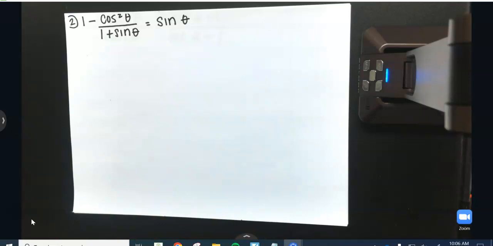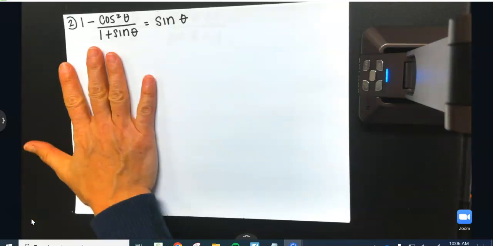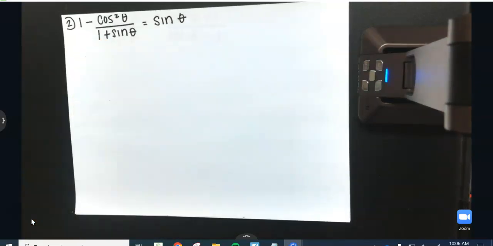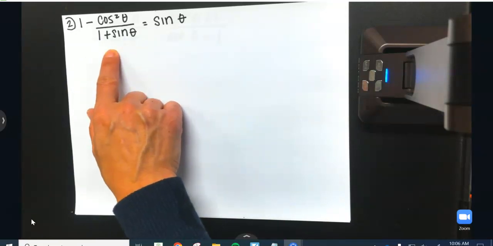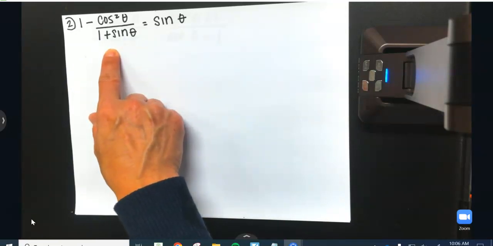So problem 2 has a fraction, and problem 2's left side has 2 terms. So obviously I'm going to be focusing on the left side instead of the right side because it's just sine of theta. When there's a fraction, you have 3 opportunities to work with a fraction.